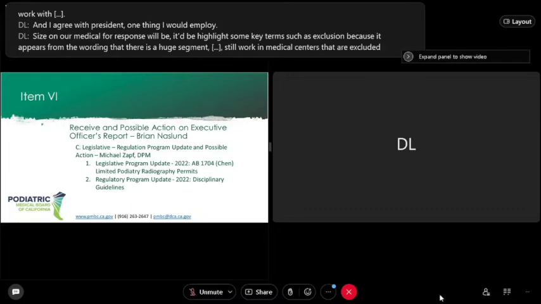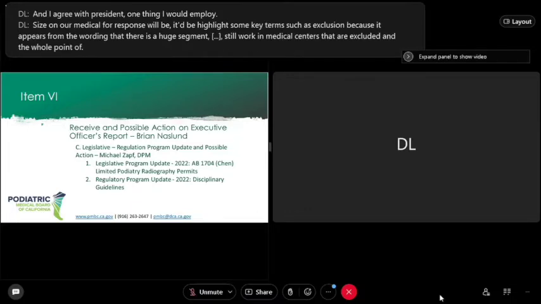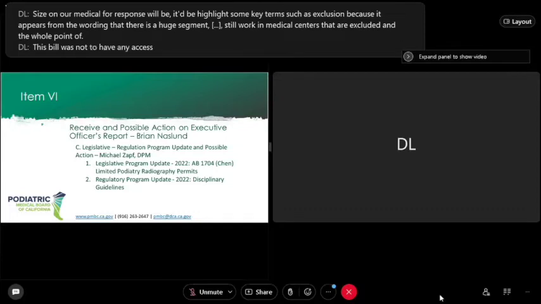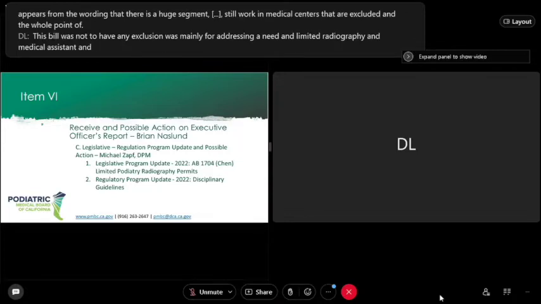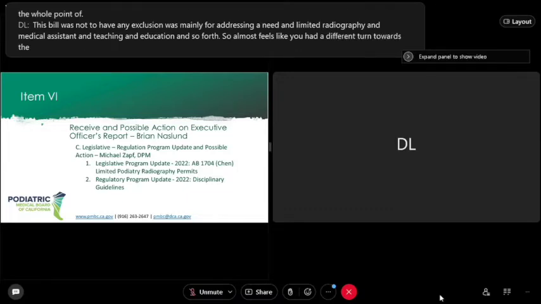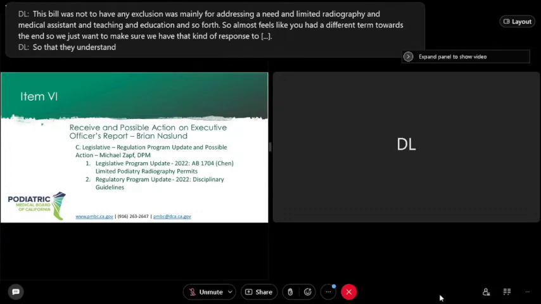And the whole point of this bill was not to have any exclusion; it was mainly for addressing a need in limited radiography and medical assistants and teaching and education and so forth. So it almost feels like it took a different turn towards the end. We just want to make sure we have that kind of response to CPMA so that they understand that this is becoming an action of exclusion. That's just my comment.